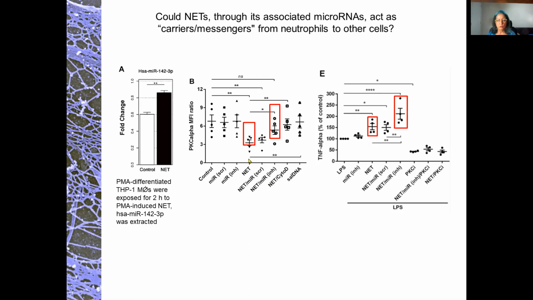I'm just going to focus on the different controls here, but when you incubate this macrophage with NETs, like here, we have a decrease in the PKC alpha compared to the untreated control. And then you have a scramble microRNA or inhibitor of microRNA that are exactly like the control. But if you put NETs in those macrophages, they decrease the PKC alpha. And if you do NETs with the inhibitor of the microRNA, you revert this effect.